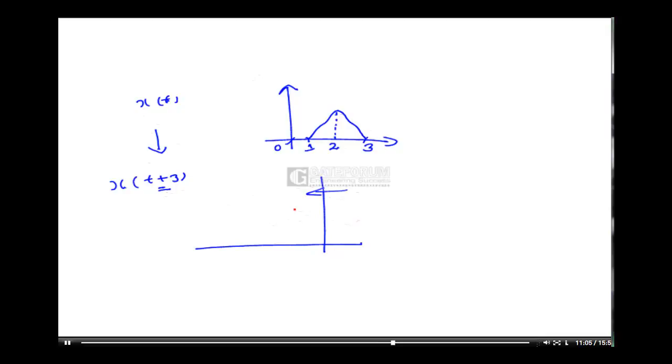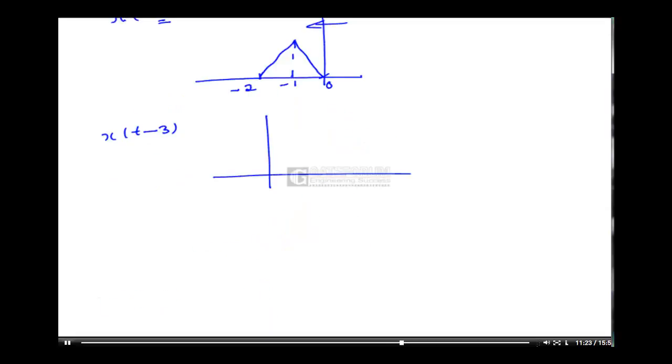So it becomes minus 2. Similarly, if x of t minus 3, then same thing will be shifted towards the right hand side.